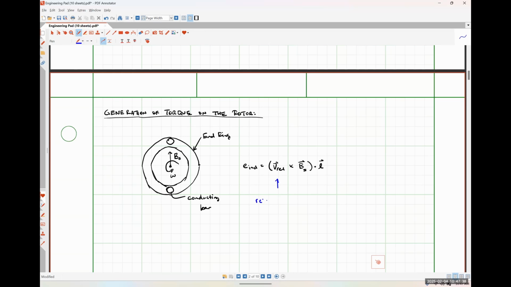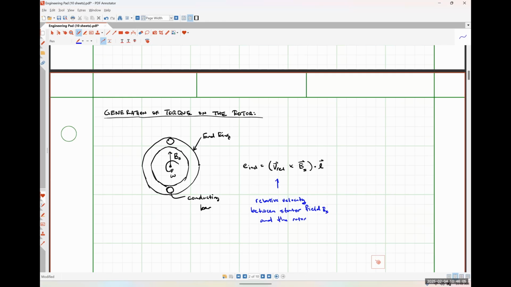So this is the relative velocity between the stator field BS and the rotor.